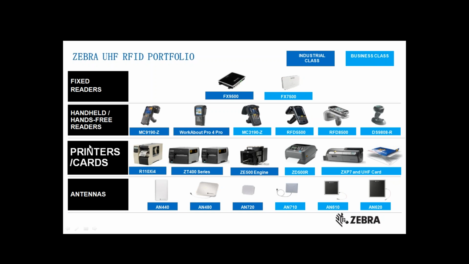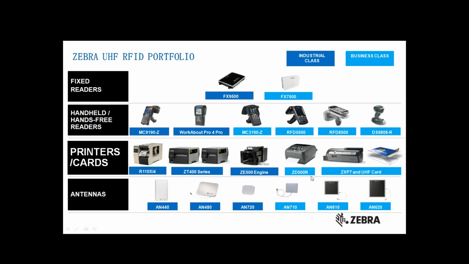We also have an entire portfolio of RFID tag printers, and I'll go into a little bit of detail about a new technology that we are coming up with, something called Silverline. But essentially, these printers are your workhorses that can print RFID labels, and these labels can go pretty small from a size perspective.